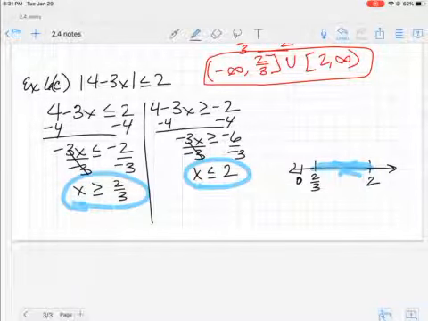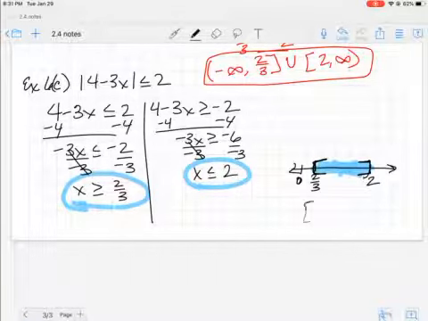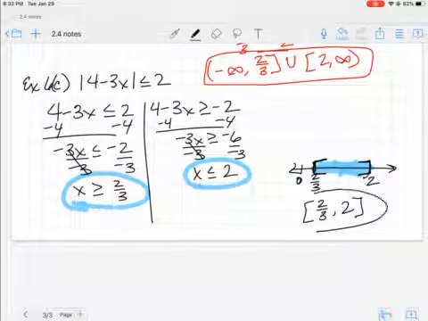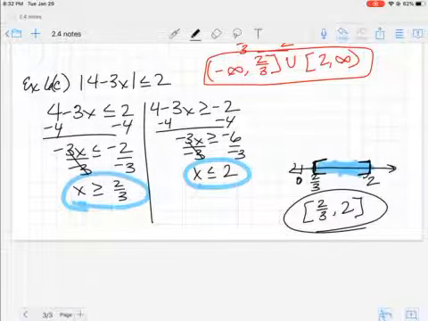Is that what we thought would happen? Yeah, because we're amazing. So, same thing's happening here. I've got my brackets because it's an or equal to scenario. And I'm going from 2/3 to 2. And everything between 2/3 and 2 is going to make this statement true.